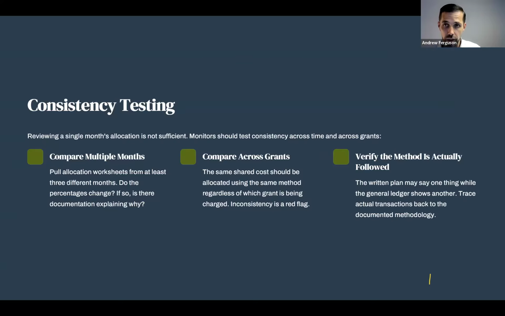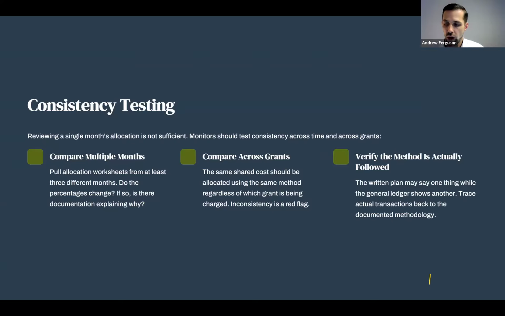If they start getting up to the end of one grant and the start of a new one, with other grants starting and ending at different times, that's generally when they're testing on accrual basis. To answer the question in the chat, that's generally where I see that cost allocation is not always applied consistently.